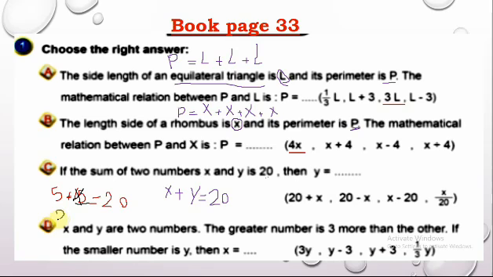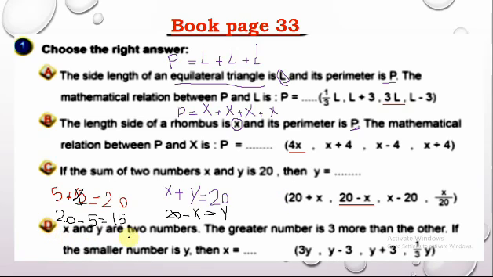We said 20 minus 5 will equal the 15, or 20 minus what? X equals y. So the value of y here equals 20 minus x.